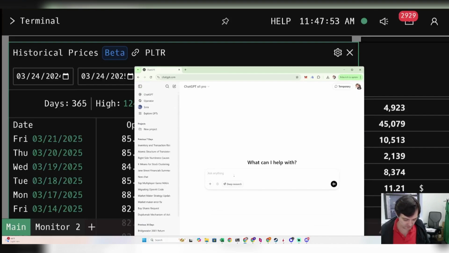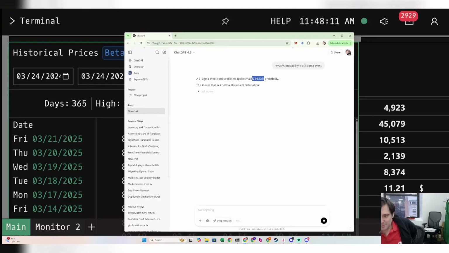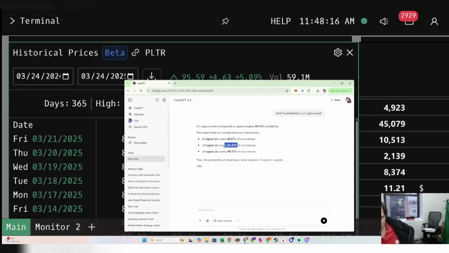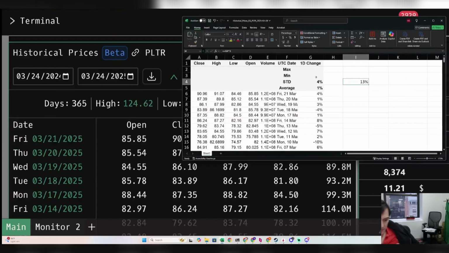You guys should know. 99.73. 1 sigma is 68%. 2 sigma is 95%. 3 sigma is 99.73. Okay? So you figure you should survive a 3 sigma event.